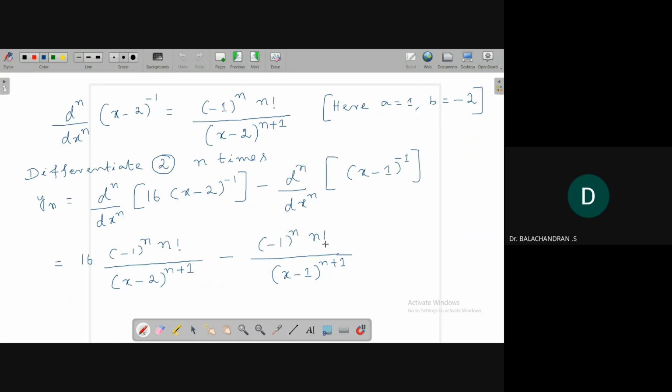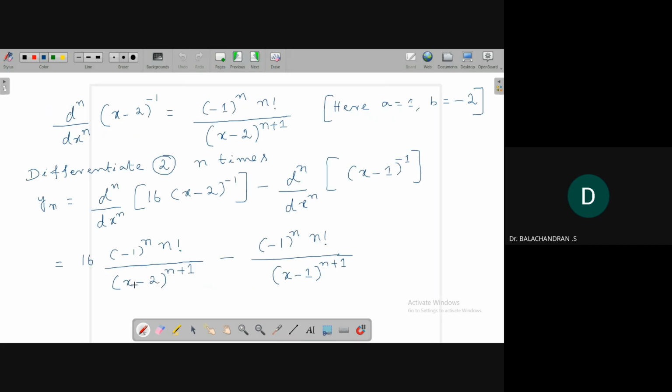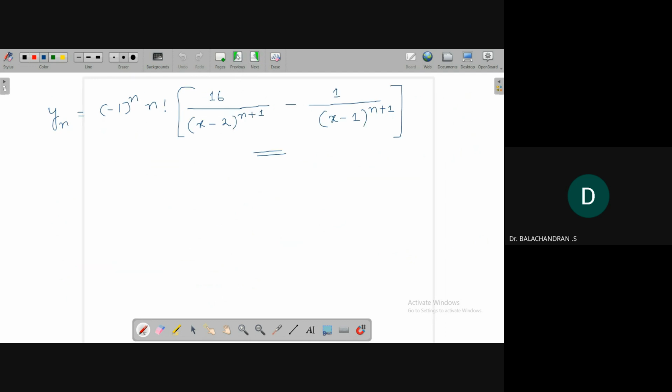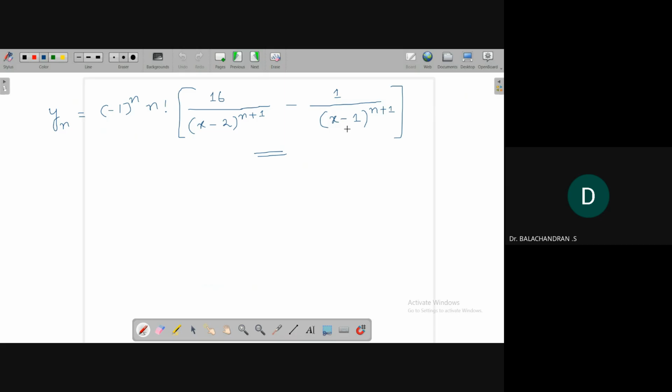You can check it in the previous slide. What is common here? Minus 1 whole power n into n factorial is common. If you take it out, what remains is 16 by (x minus 2) whole power n plus 1, and then minus 1 by (x minus 1) whole power n plus 1.